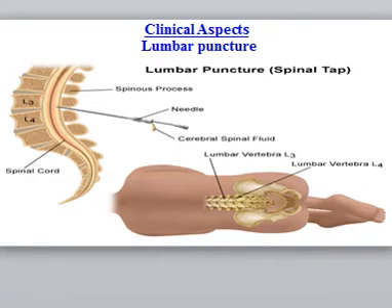After determining the area of the fourth lumbar spine, the third lumbar spine is palpated. The needle is introduced into the subarachnoid space by passing through the soft tissue space between the two spines. What is the reason for selecting this specific site between the third and fourth lumbar spines?